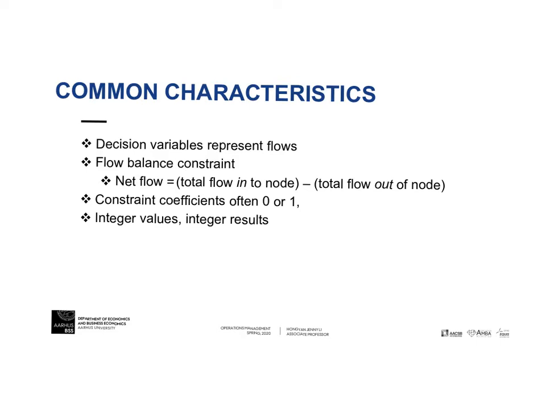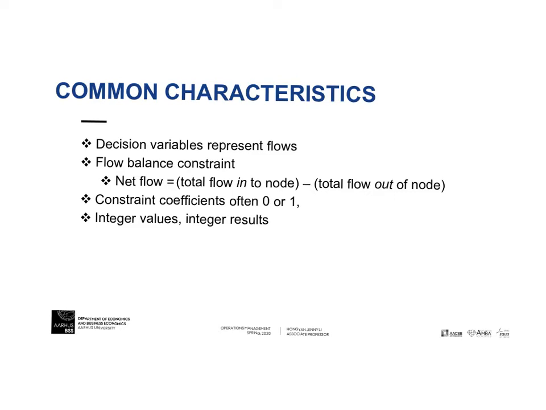The common characteristics of the network models include the decision variables represent flows. For example, we want to decide how many units of the products should be delivered from one location to another location. So the quantity of the goods are the flows.